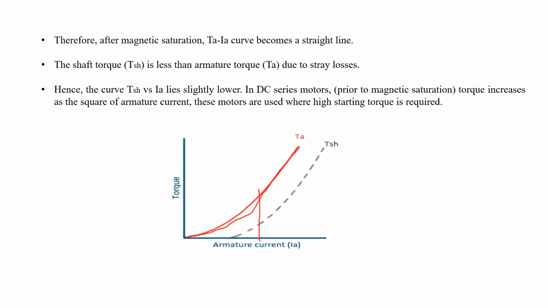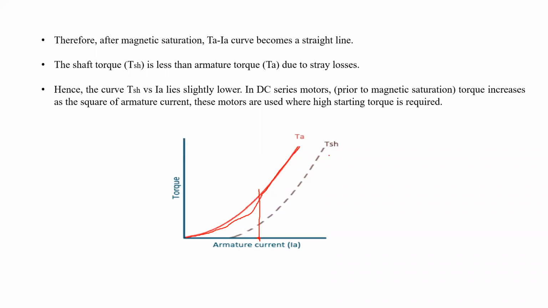Magnetic saturation. Some amount of energy is stored in the windings of the DC series motor, because the series field winding and armature winding are both connected in series. That is called magnetic saturation. Due to this, the curve goes like this. After completion of magnetic saturation, the curve will be a straight line.